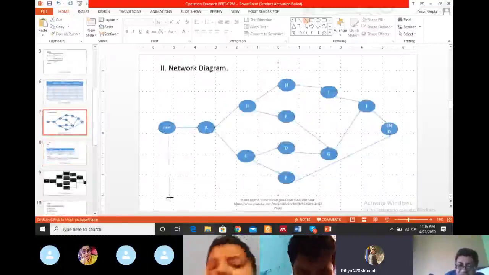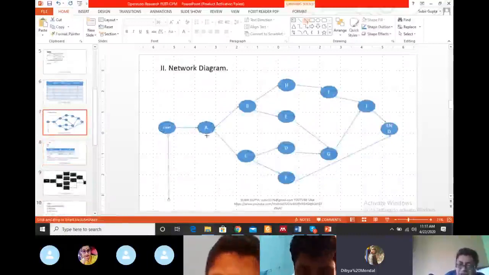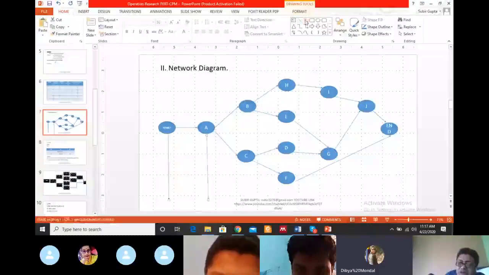You draw a line like that. Then the next level is on the same line. That is called level 2. This is the third level. This is the fourth level. All are on the same line. So be careful.